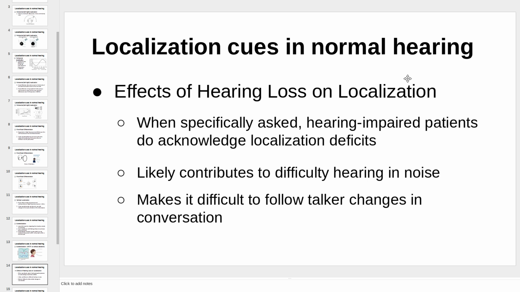Even in noise, we can do that. It's not as good as in quiet, but we can still do that. But the hearing impaired listener's localization abilities in noise are going to be much worse. If it takes them longer to localize the location of the new talker, then they've already missed some of the conversation. They're going to have to catch back up, and very likely it's going to be hard to do, especially with a very poor SNR in that environment.